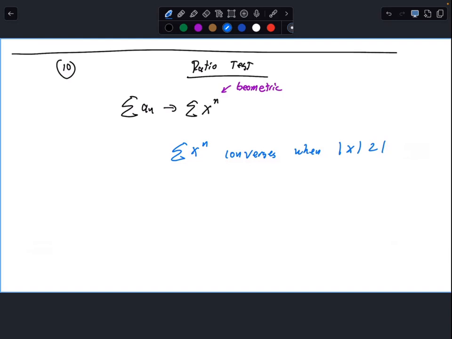And therefore, if the limit as n approaches infinity of the absolute value of x sub n plus 1 over x sub n, which we call the common ratio, is less than 1, then the series converges. How do you calculate the common ratio in a geometric sequence?